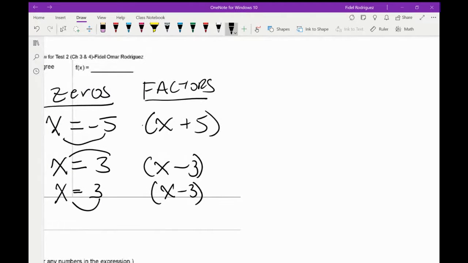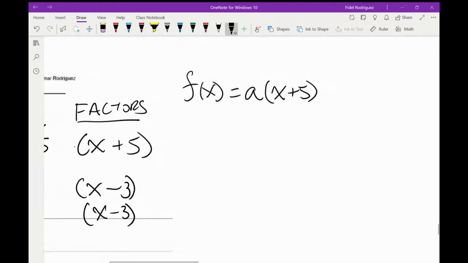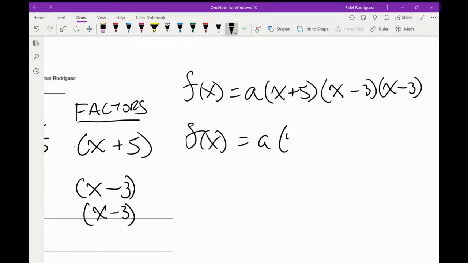And then I could do the same thing and write it out like f of x equals a, x plus 5. Now, guys, at this step, you have 2 options. You can write it like this if you want to, or you can write it like that. Why? Because they both mean the same thing, right?